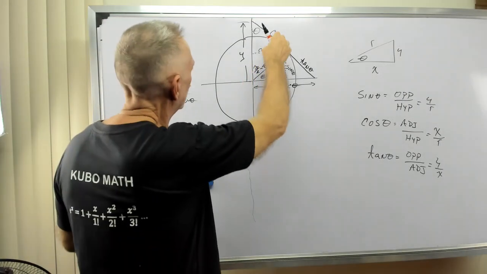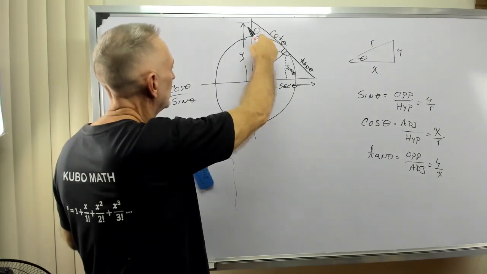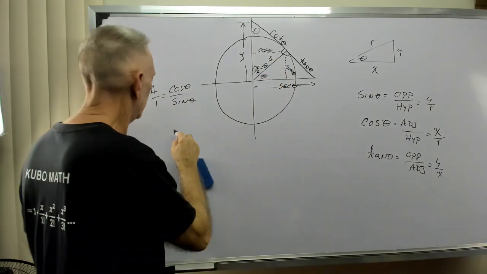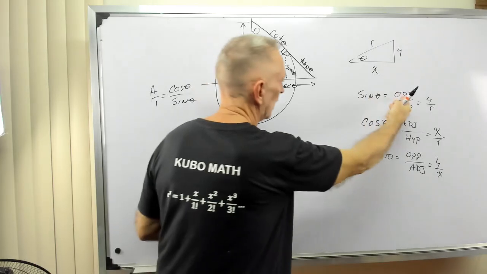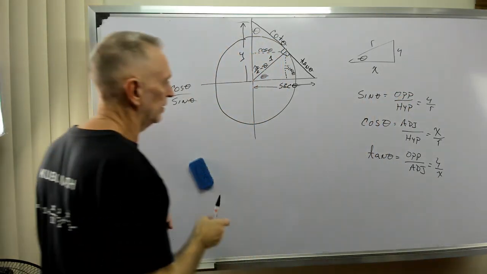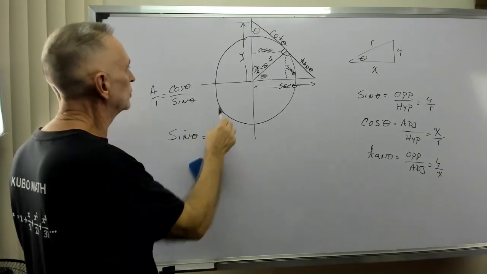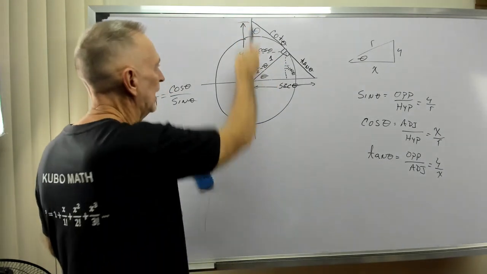If I'm looking at it from the perspective of this angle, I'm looking at the opposite side, so I'm dealing with sine here. So sine theta equals 1, which is the opposite side, divided by the hypotenuse.